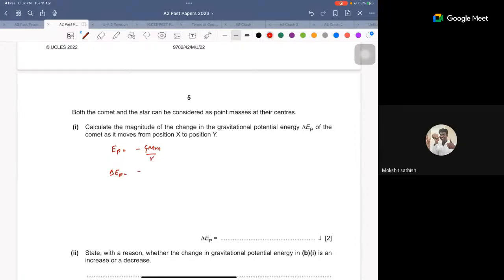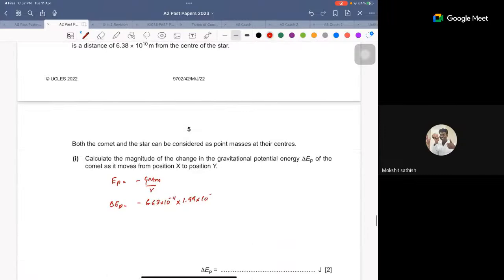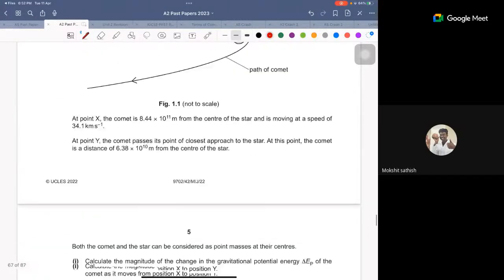So we're going to take 6.67 times 10 raised to minus 11 for G, the mass of the star, 1.99 times 10 raised to 30, and the mass of the comet, 2.20 times 10 raised to 14.